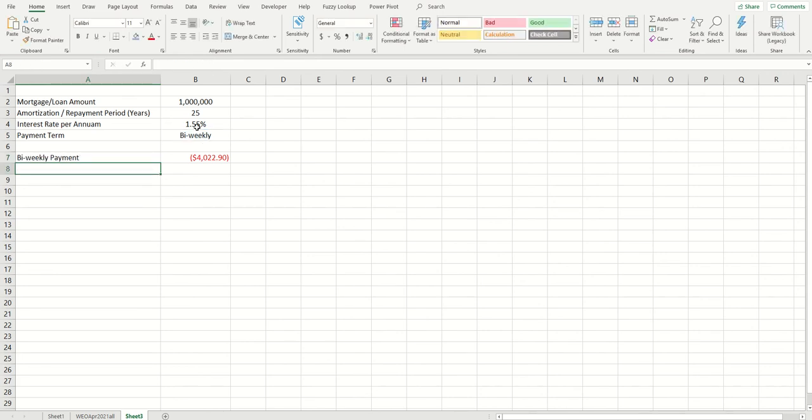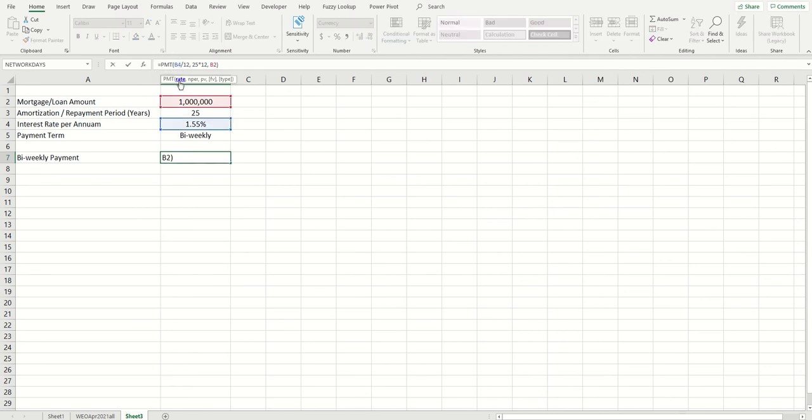All right, so let's quickly see how we can convert it to bi-weekly. Same formula, you need to change the rate to the bi-weekly rate. So how many bi-weekly periods in a year? 52 weeks makes a year. So 52 weeks divided by 2, which is 26.